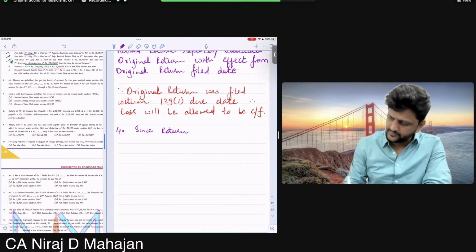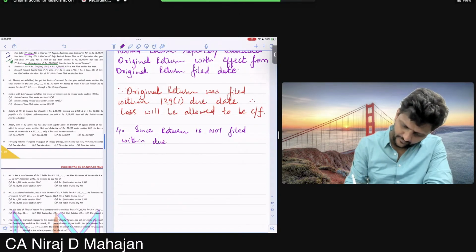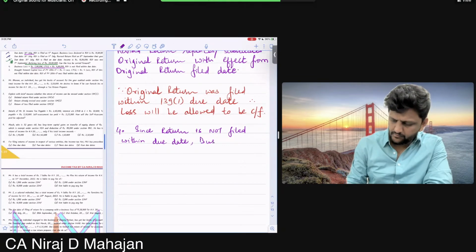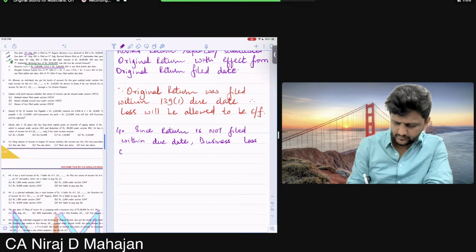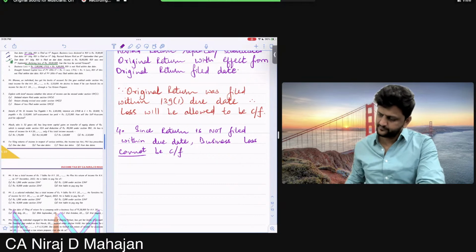Since return is not filed within due date, business loss cannot be carried forward.